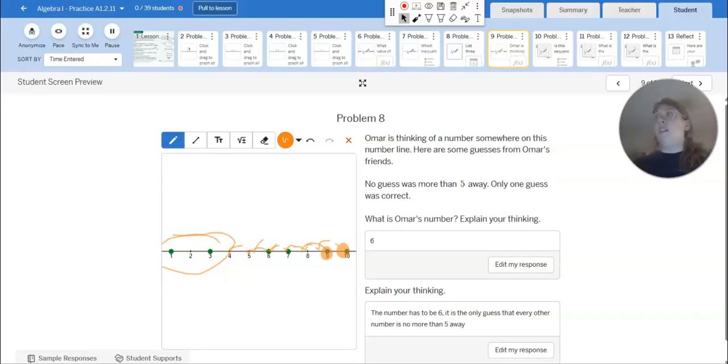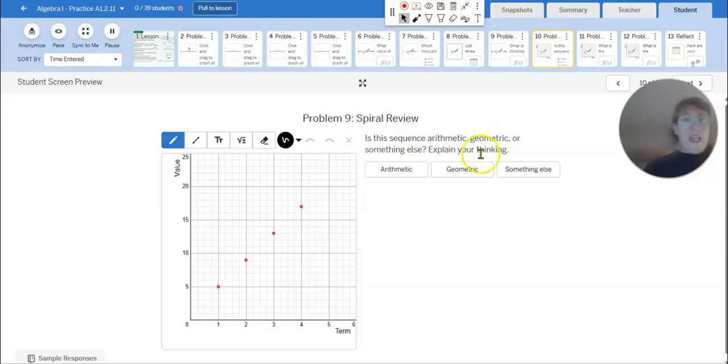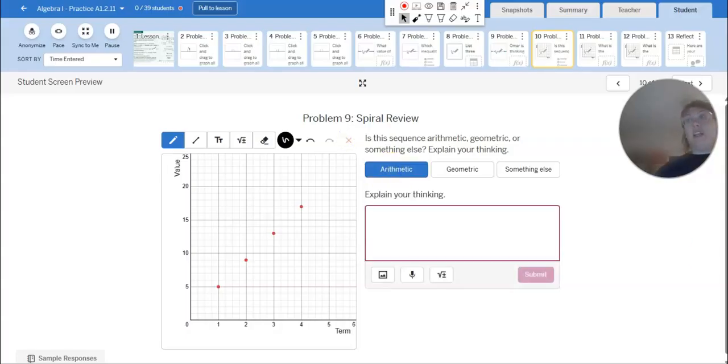Okay. All right, let's look at slide 10. Is this sequence arithmetic or geometric or something else? So we're cruising back, doing some spiral review. We see that this is going up and over by the same amount each time in a straight line pattern. That is arithmetic, right?